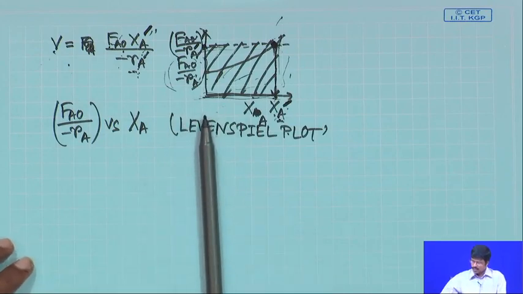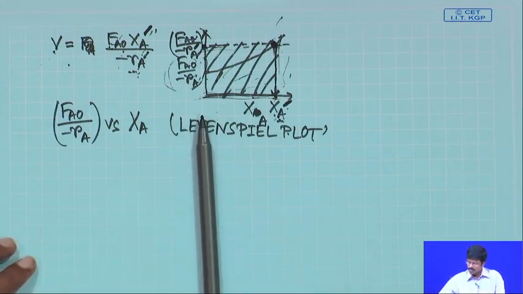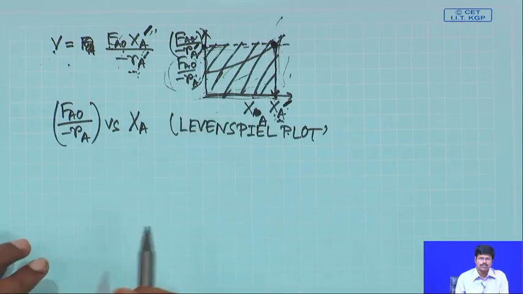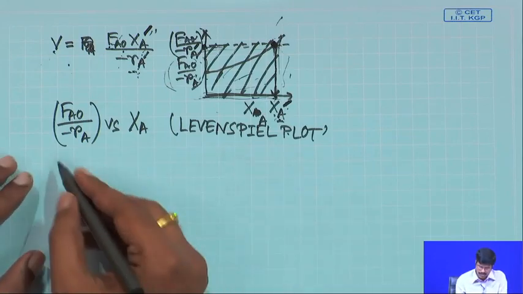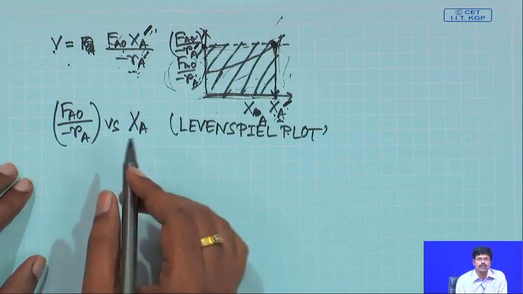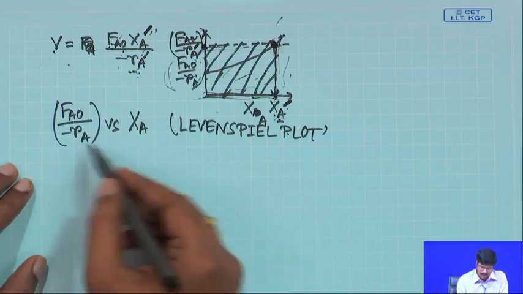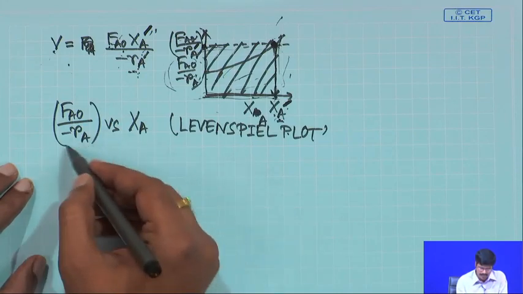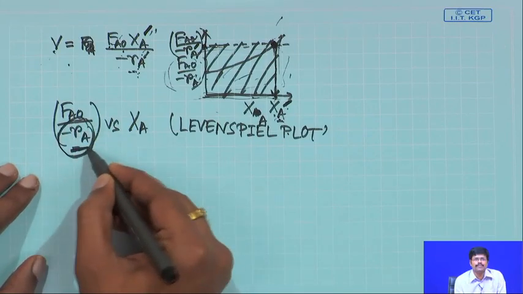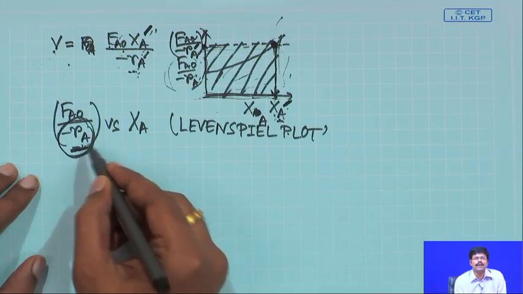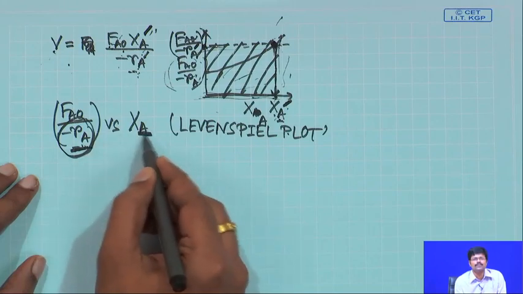Okay. Now, before I complete this class, I will try to impress upon you the fact that, as I told you, this R A can vary with conversion.